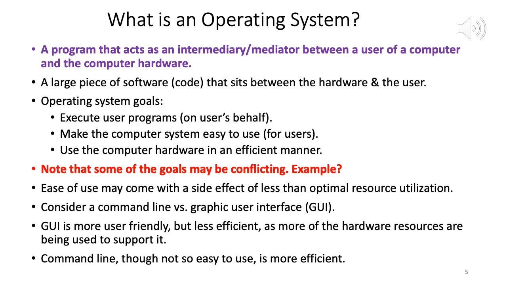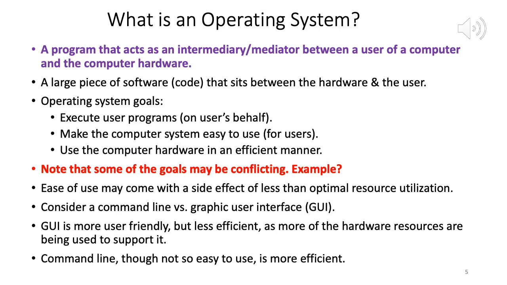We've got our CPU, our memory, our various I/O devices, and on the top you have the user that needs to run some programs. So in between the user and the hardware sits the operating system. As you already know, it's a software layer, and it acts as a mediator between the user of a computer and the computer's hardware.